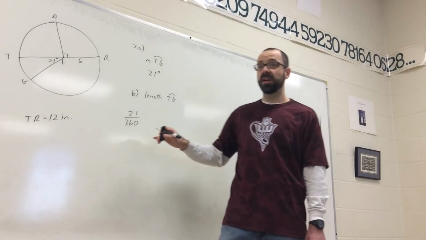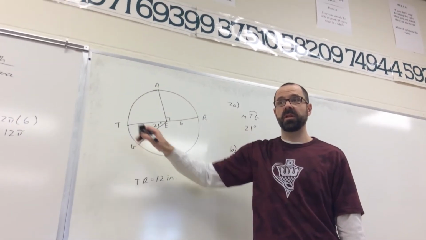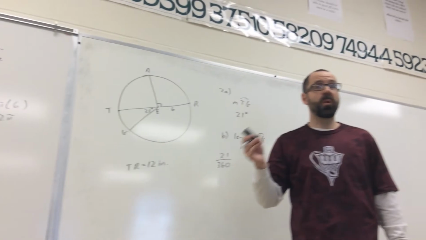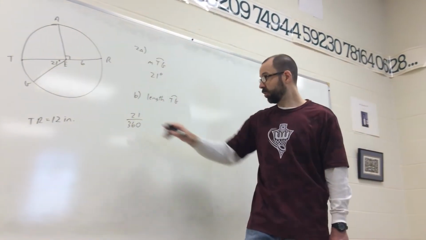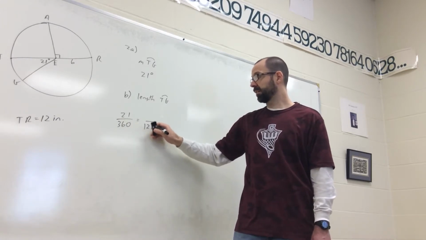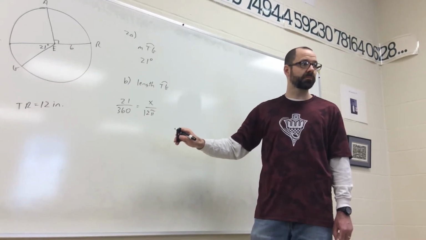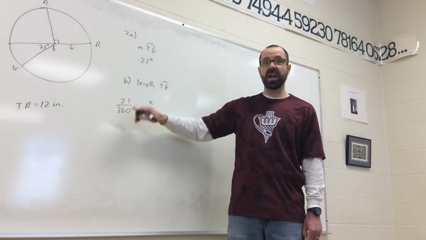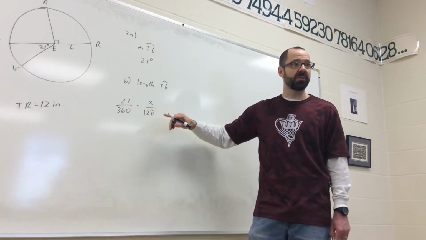Okay, so if it's 12 pi all the way around this circle, then to figure out this part, we just need to figure out 21/360ths of the 12 pi. So again, this one's tougher because when we could do 1/2, we just knew it was going to be 6 pi compared to 12 pi.